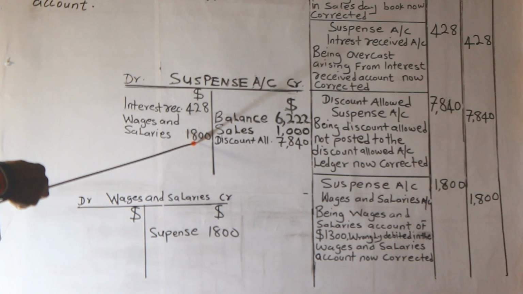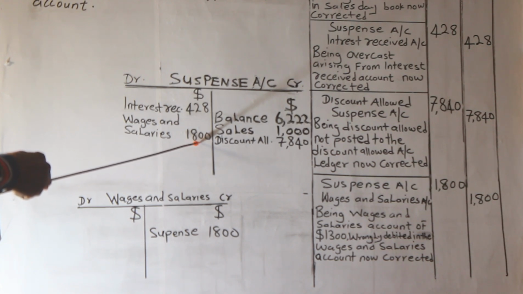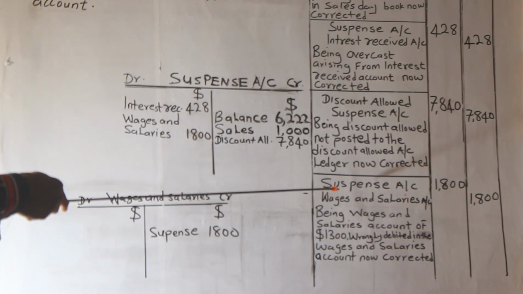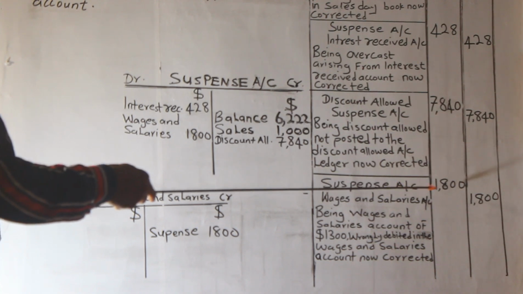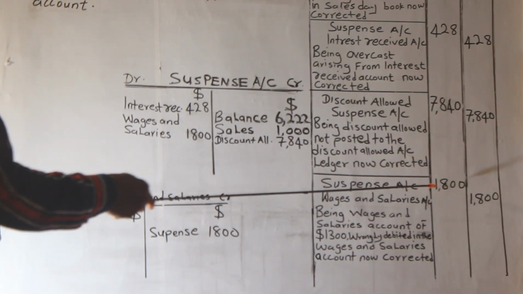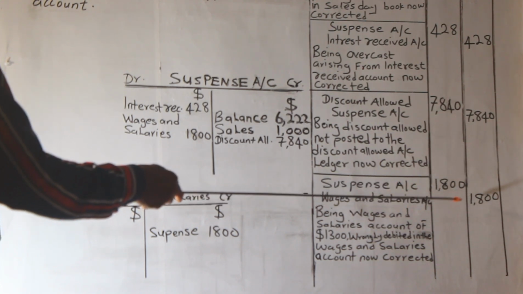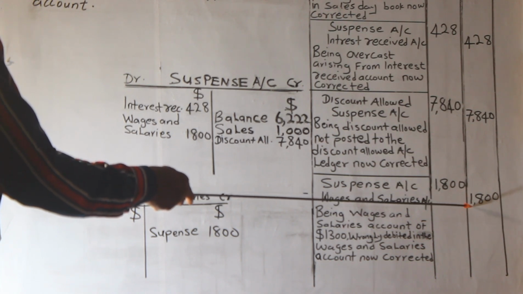This means that this wages and salaries account has succeeded in increasing the debit side of the trial balance, and that is why any figure that increases the trial balance on the debit side will be placed at the debit side of the suspense account. Now, in the journal, we have suspense account debited with $1,800 and the wages and salaries account credited with $1,800.